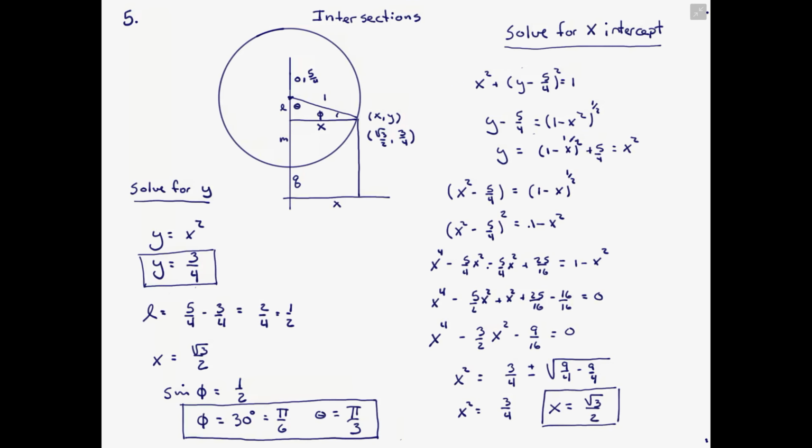and you can see here at the top I have x squared plus y minus 5/4 squared equals 1.